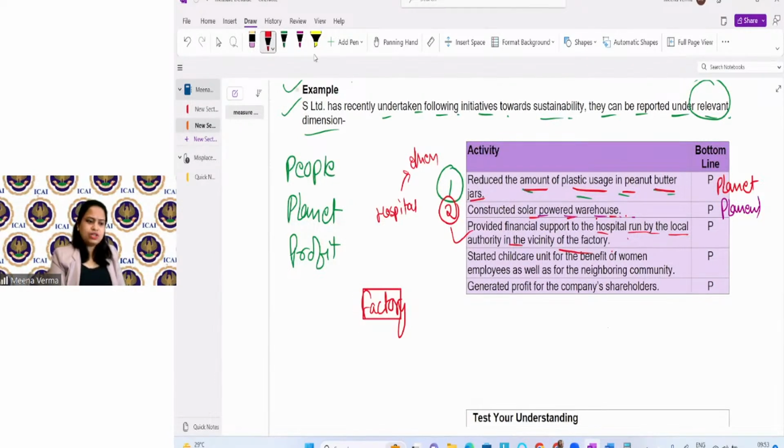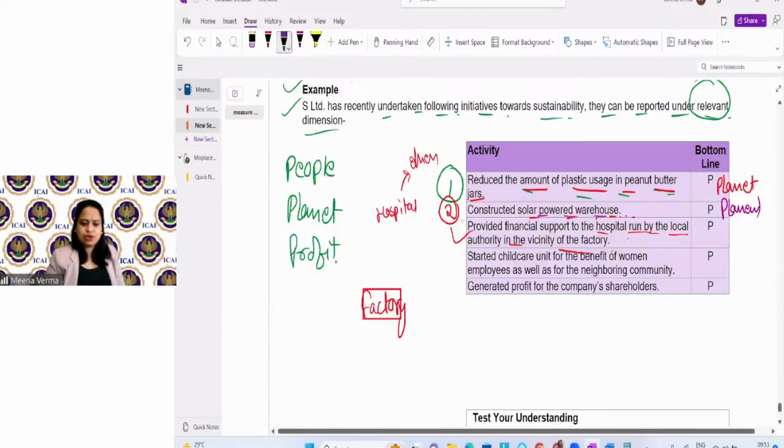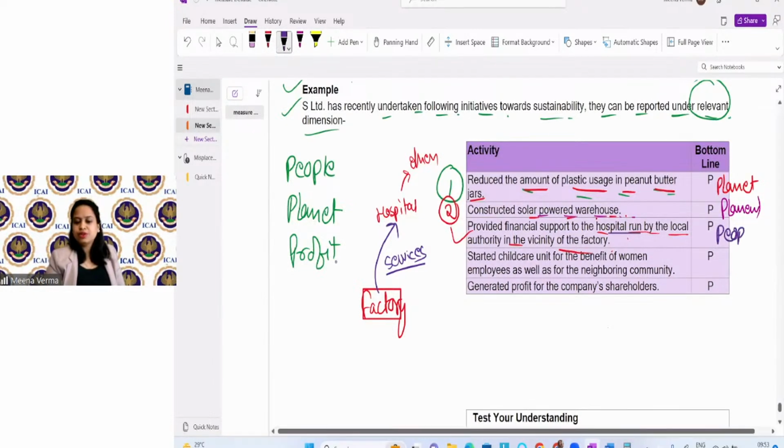Now, what is happening here? This factory is actually providing services to the hospital. So the hospital is running here. So this will help to improve what? People. This is for the people, right?